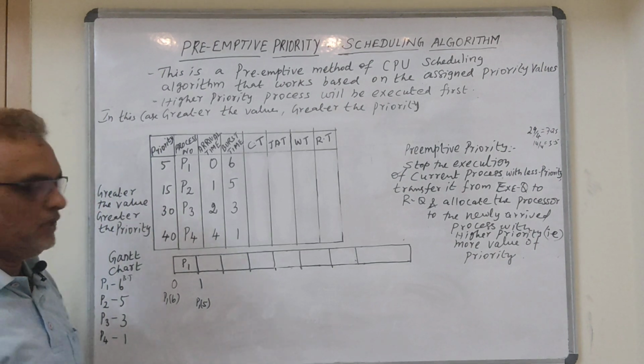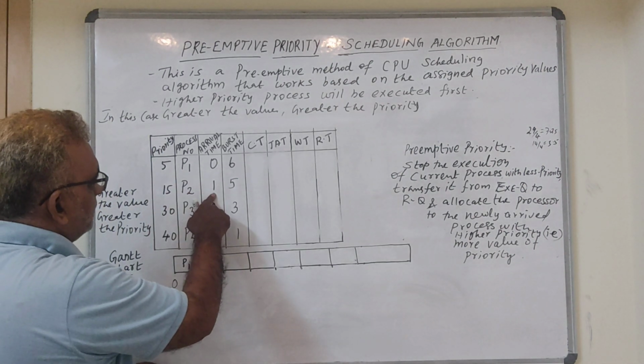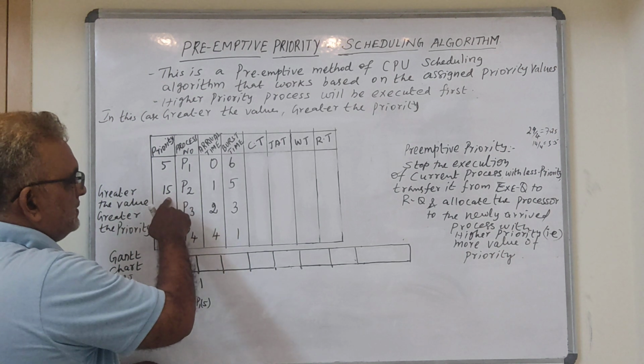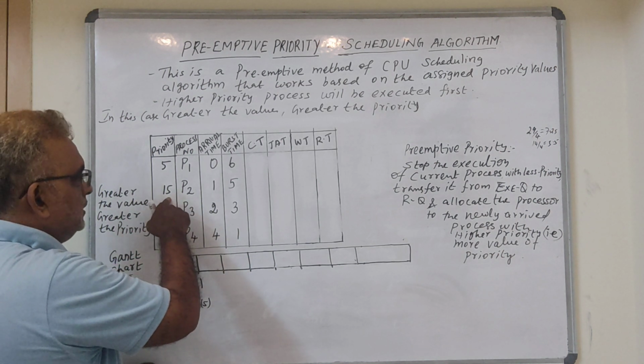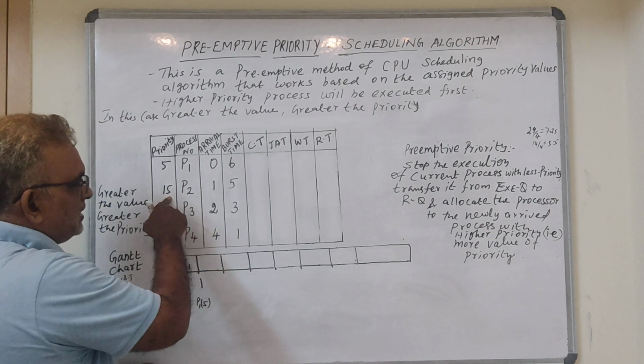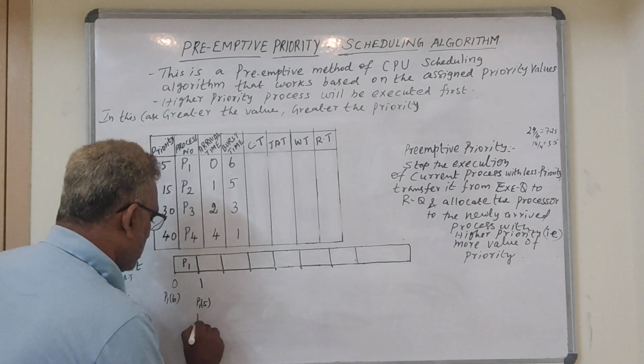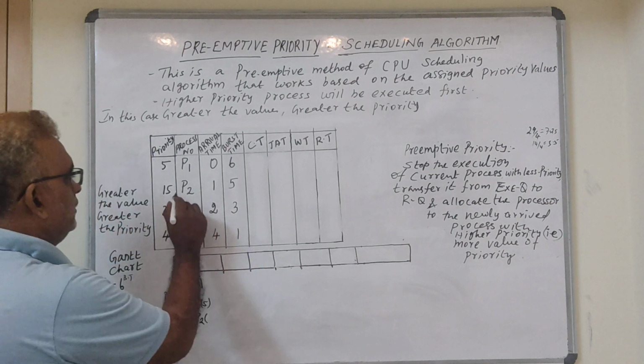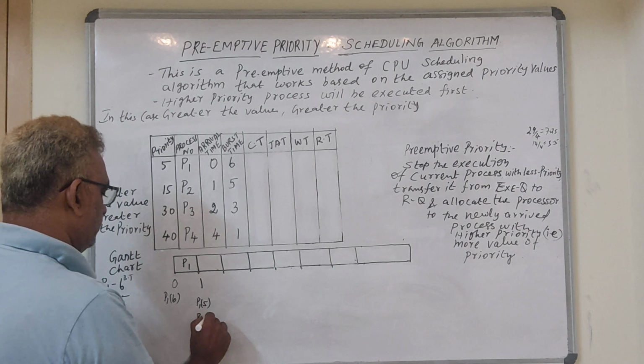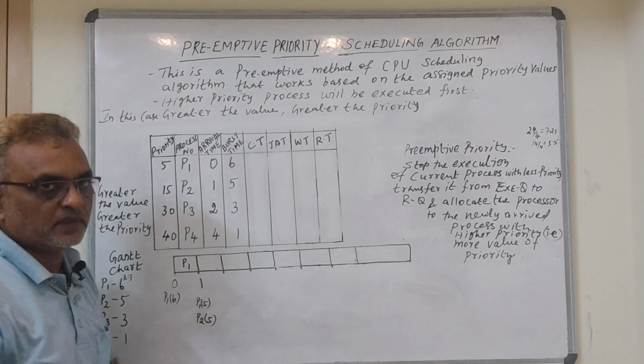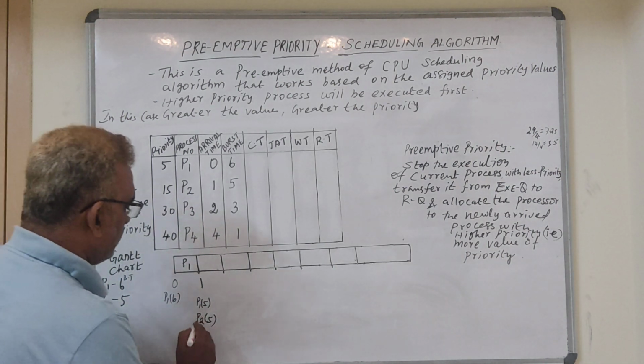At time 1, another process enters the ready queue with a higher priority, 15. That is P2, process 2, and its burst time is 5 milliseconds. So what will happen?